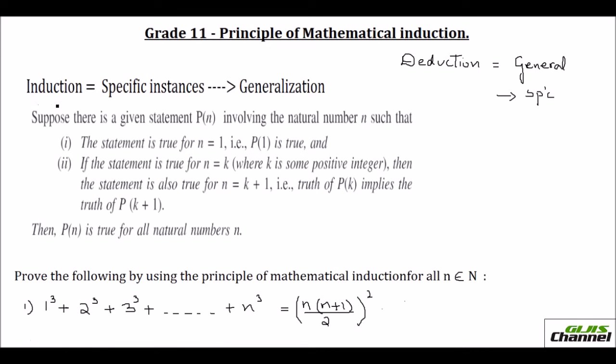In induction it is just the opposite. We take a few specific instances and from that we generalize, a formula or something. This process of taking specific instances and generalizing it is called induction. So this is what we are doing here.